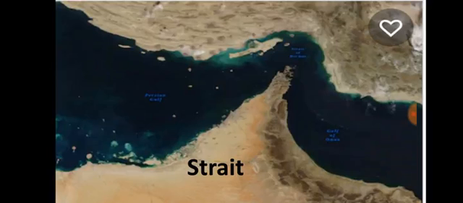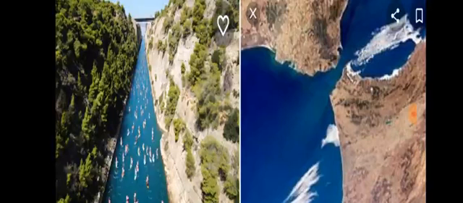Now, kids, before I go, I'm going to tell you the difference between a strait and an isthmus. They look so similar, but they have differences. An isthmus is a piece of land, while a strait is a narrow stretch of water.